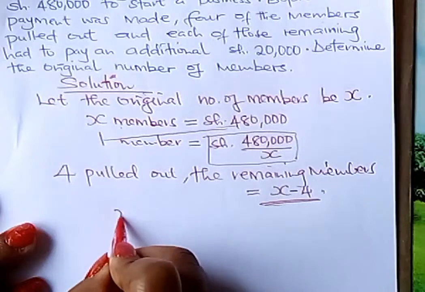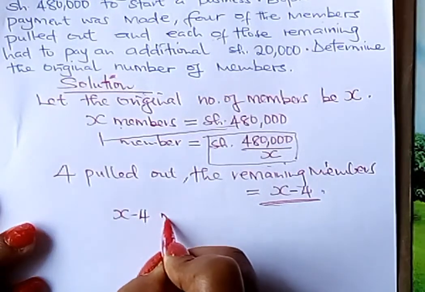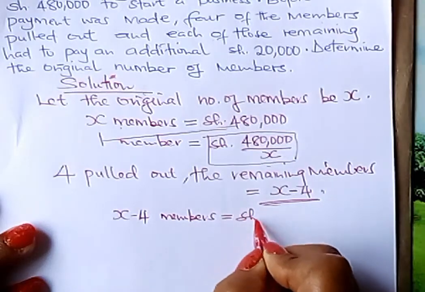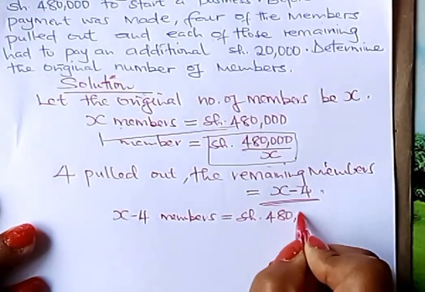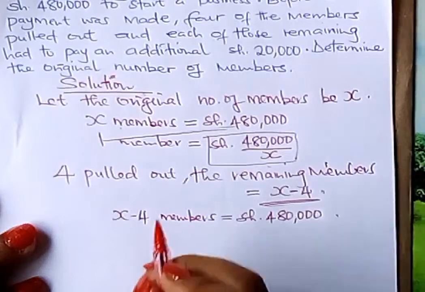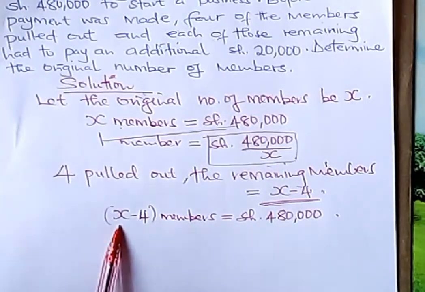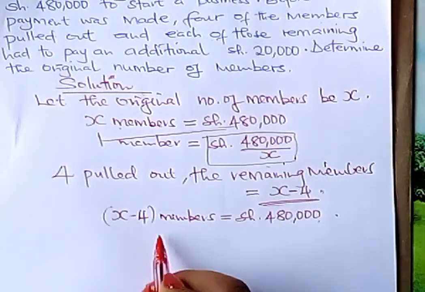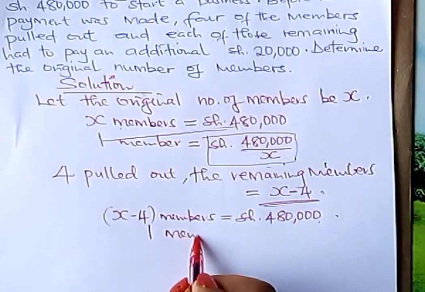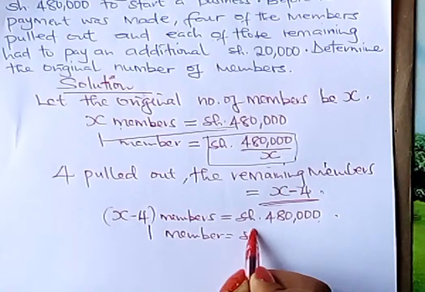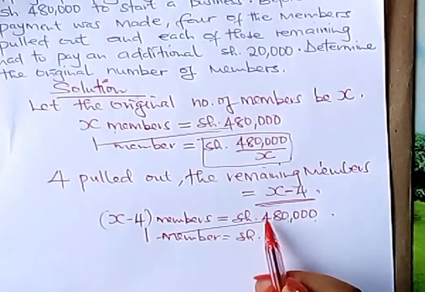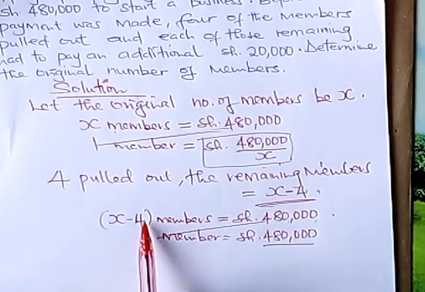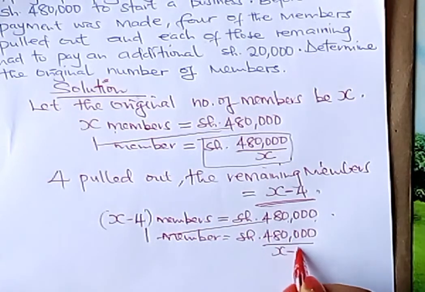Therefore, we say x minus 4 members now are to contribute the same amount of shillings, 480,000. The few members left behind are to contribute the same amount. Therefore, one member in this case would contribute how many shillings? Cross multiply and divide by the number of members.